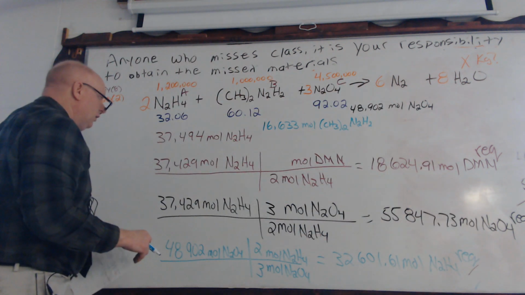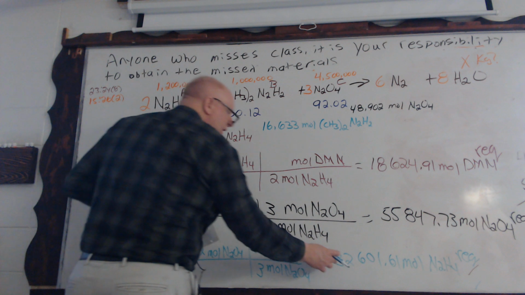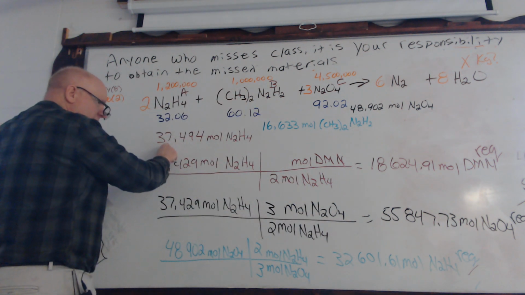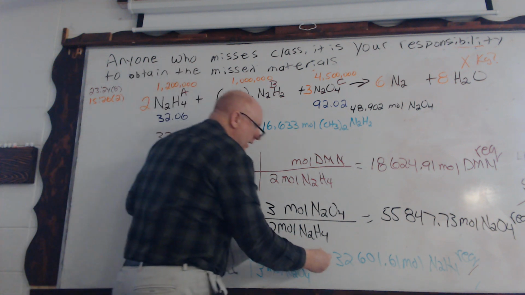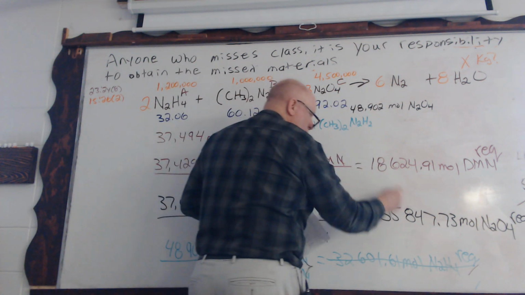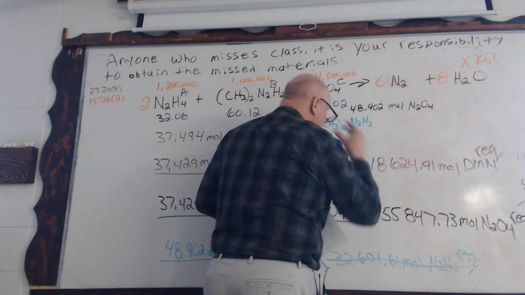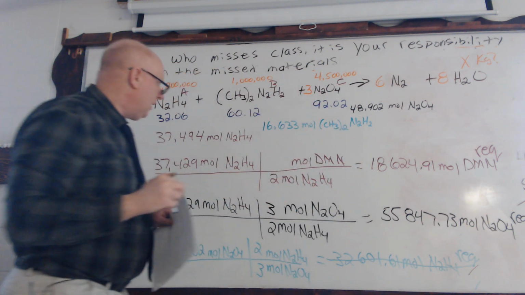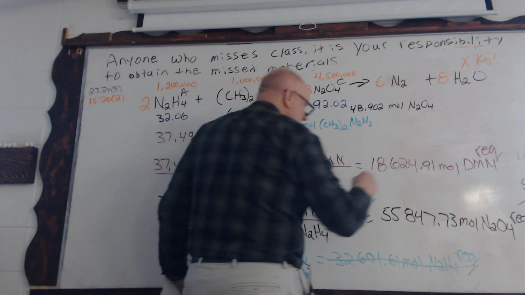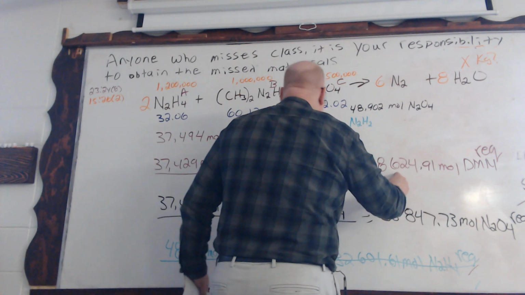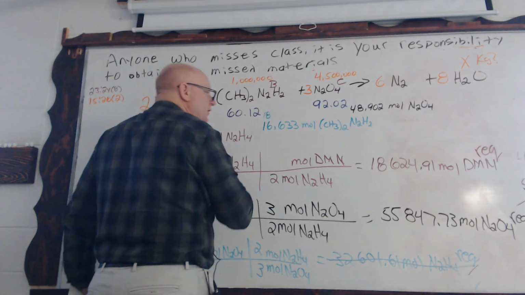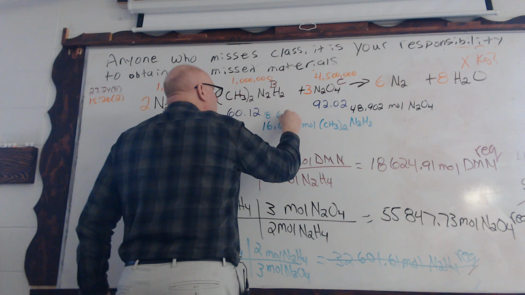Okay, so when we look back at this, we needed 32,000. We had 37,000 to start with. So this is not our limiting reactant. These two were short, but it's where we want to make the discrepancy here. Let's look at what we actually need. So for DMN, we need 18,624.